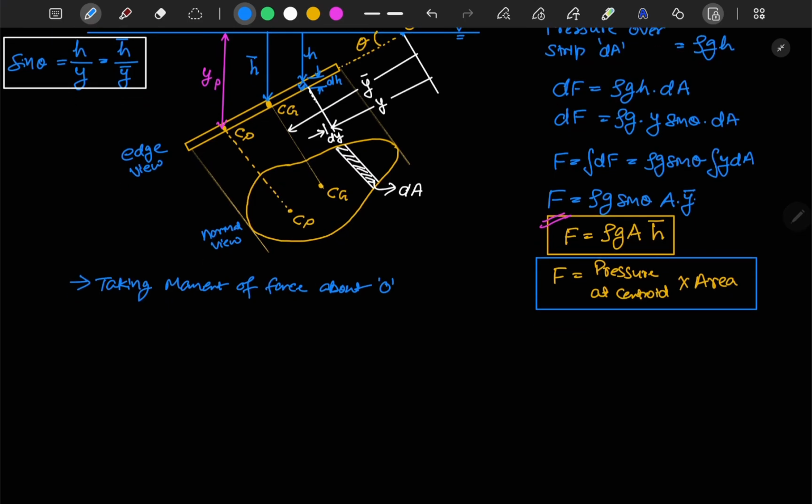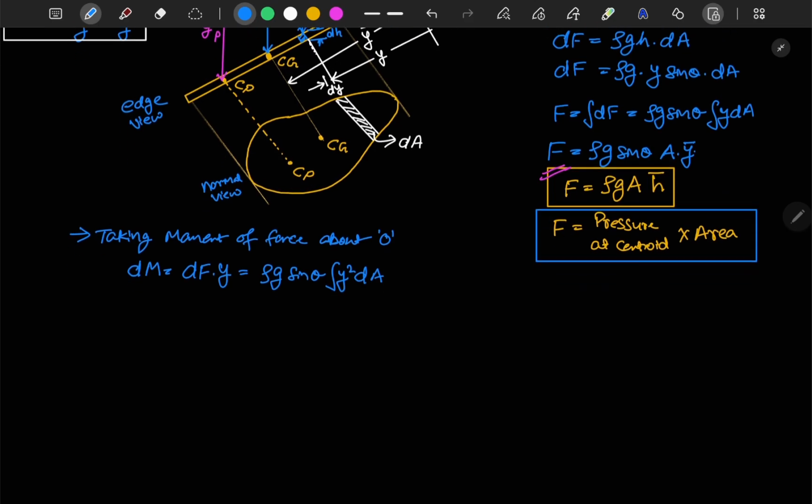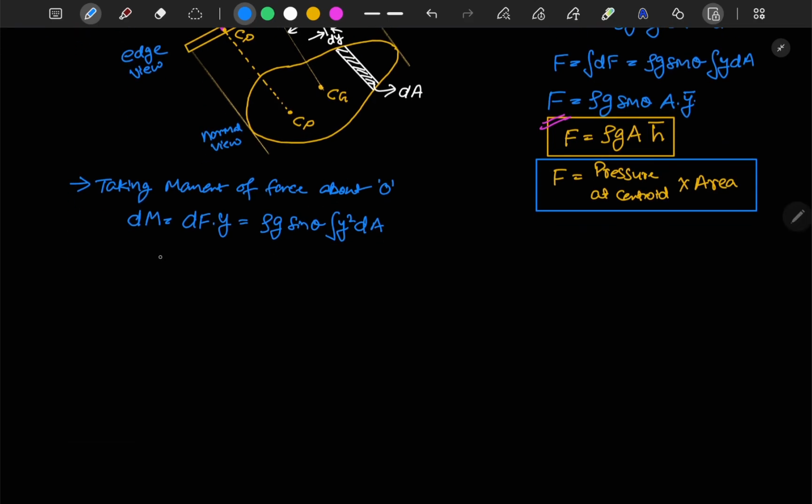We will write dM, the small moment for this elemental area dA, will be equal to dF into y. And the dF value is rho g sine theta times y square dA. Now this y square dA is the second moment of inertia.